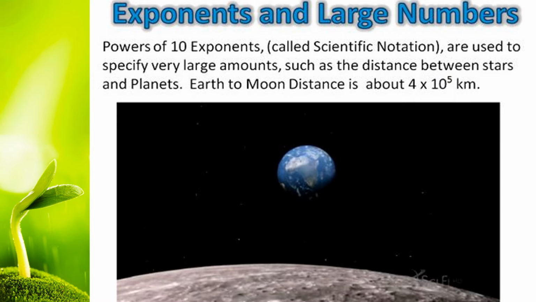Exponents and large numbers: powers of 10 exponents, called scientific notation, are used to specify very large amounts such as the distance between stars and planets. Earth to moon distance is about 4 into 10 raised to the power 5 kilometers.